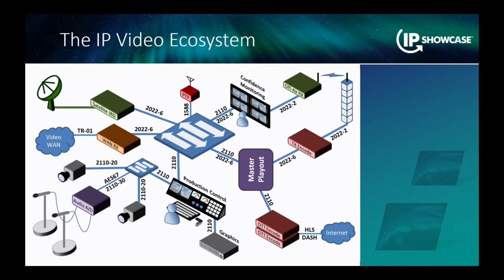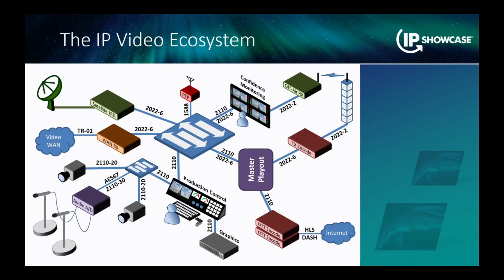So, let's just give you a big overview. An IP video ecosystem. This could be a typical broadcaster network. You might have some incoming signals on the left. You have outgoing signals on the right. In the middle, you see a large IP switch that is connected using many of the standards we're going to be talking about.